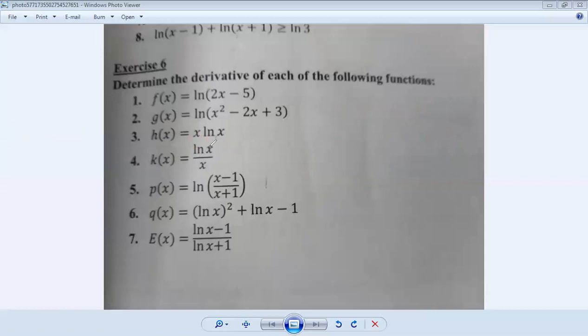k of x is equal to ln x over x. Remember that for u over v, the derivative of u over v is u prime v minus v prime u, divided by v squared. We say that ln x is u and x is v.